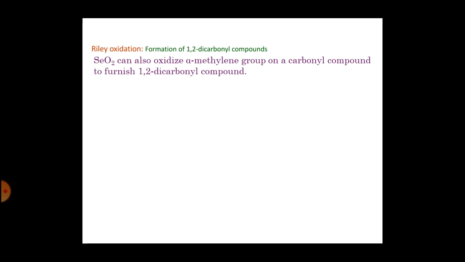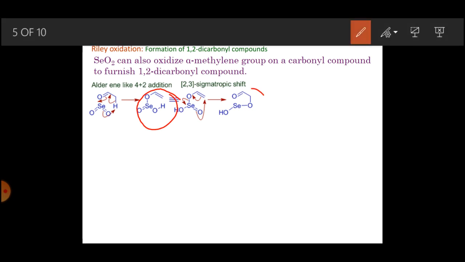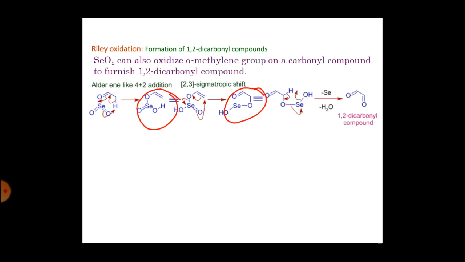In this case also, in the very first step, the more nucleophilic end attacks the electrophilic selenium and gives the selenous acid type of compound, which in the second step undergoes the 2,3 sigmatropic rearrangement, exactly in a similar manner as that of allylic oxidation, and gives a very unstable compound which on decomposition gives the 1,2 dicarbonyl compound.